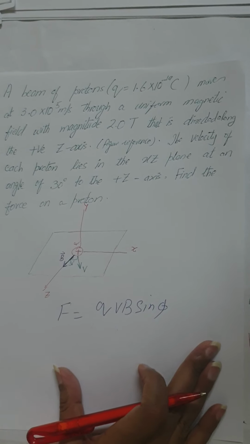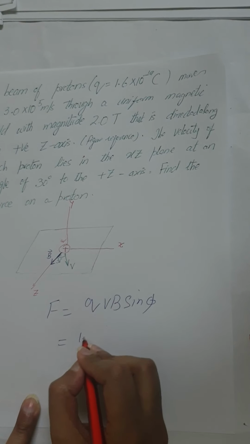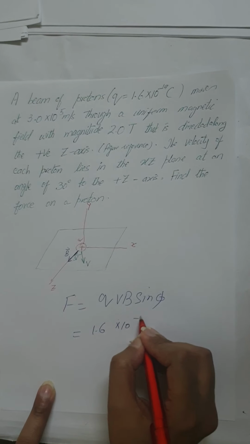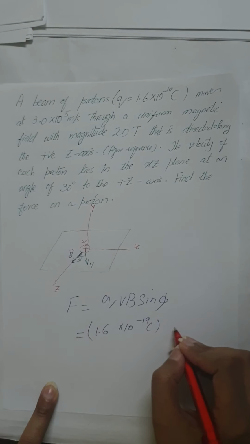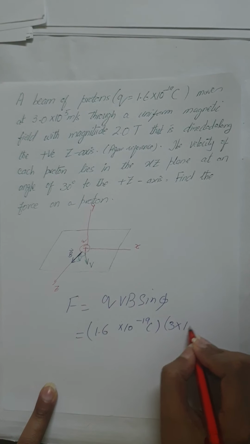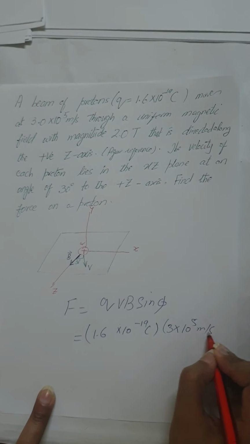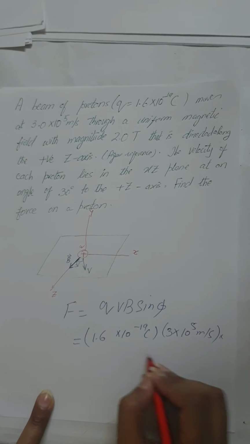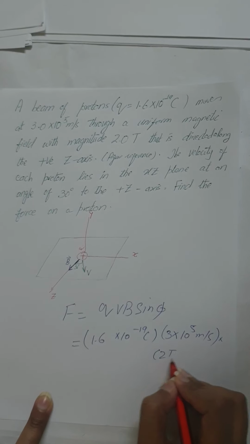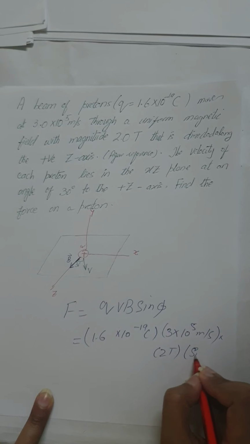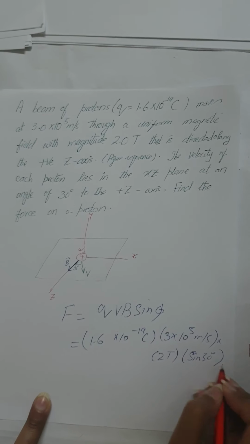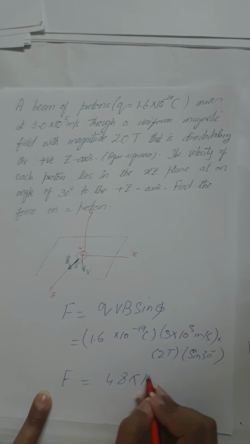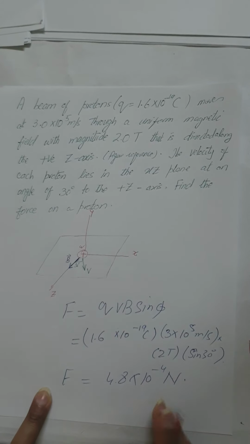Just put the values and you can get the magnitude of the force. The force is 4.8 times 10 raised to the power minus 4 newton.